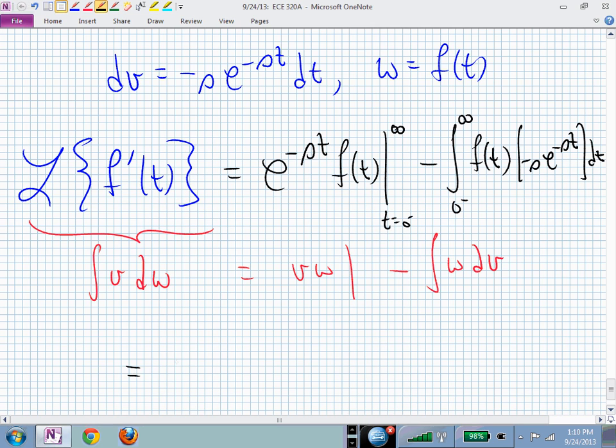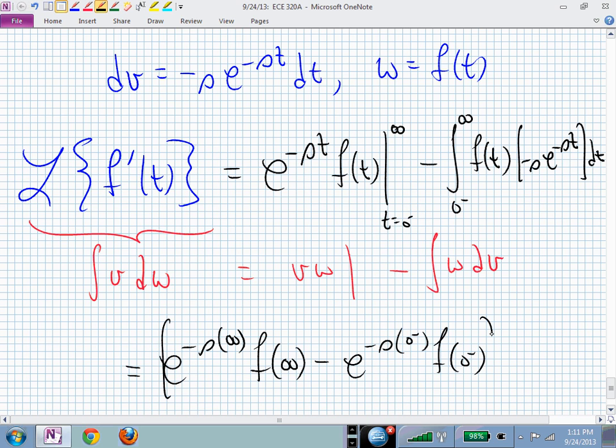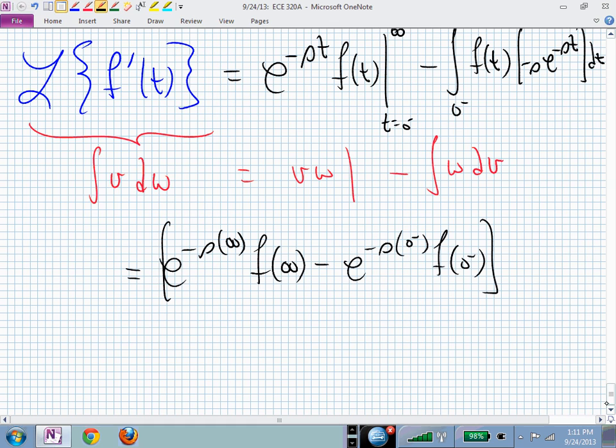The first piece, we have e to the minus s infinity f of infinity. That's the upper limit, minus e to the minus s 0 minus f of 0 minus. And we're assuming that what we are Laplace transforming is well behaved, this waveform f of t.